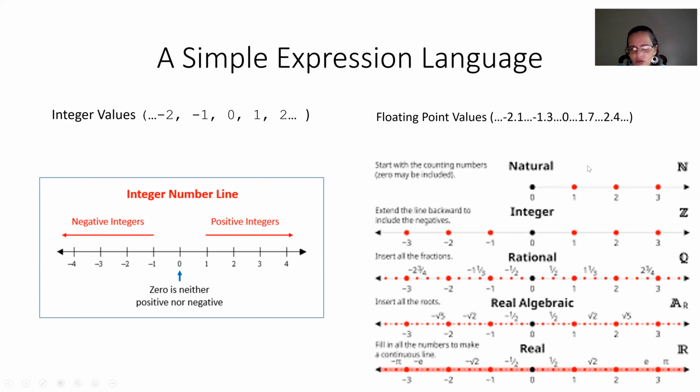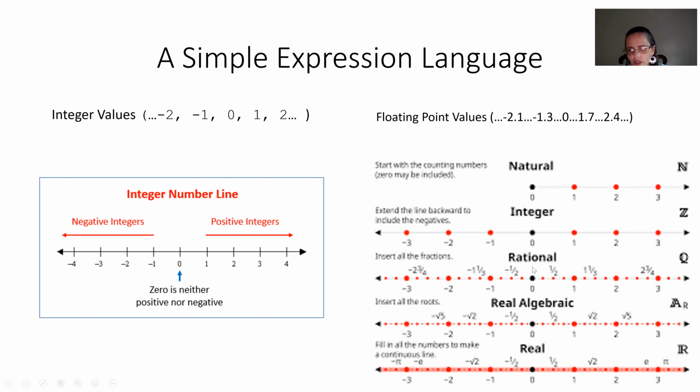So I've shown a variety of the different number lines which you may have come across in your various studies of math, to give you a point of reference here. So the natural numbers are similar to the integers, but they begin at 1. The integers, as we've just discussed. The rational numbers include the fractions, particularly ones that cannot be expressed to a finite number of decimal points, so they would go on forever and ever.